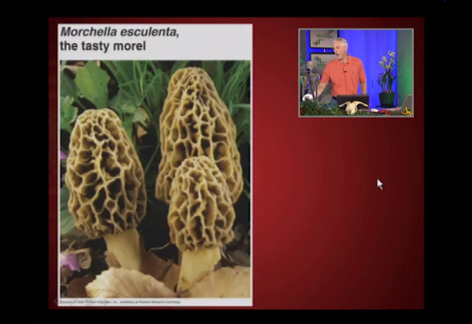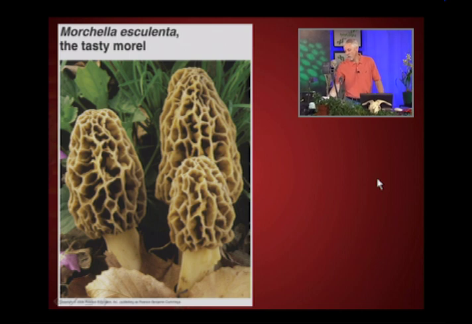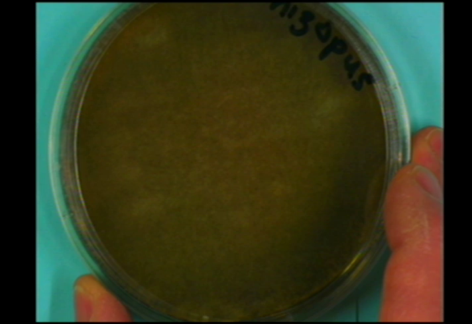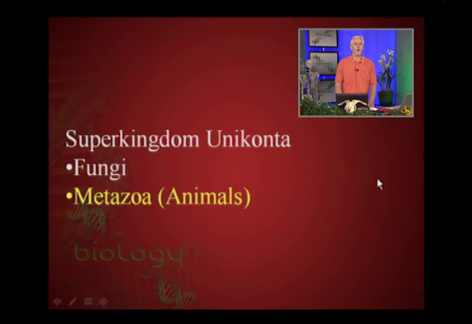But also, if we can go to the Elmo here real quickly, also just molds, like black bread mold would be an example of a fungus as well. And then, of course, another member of the group would be animals. Another term for the animals are the metazoa.